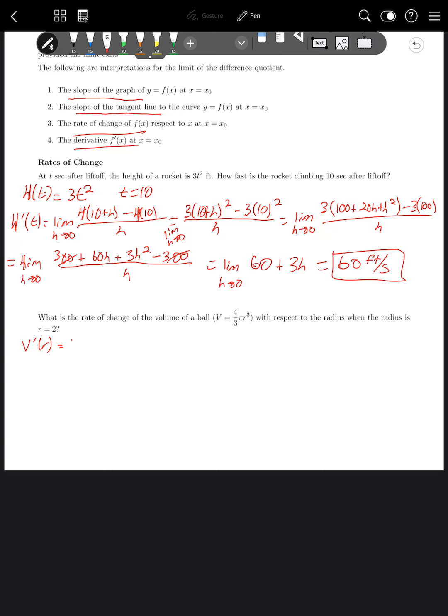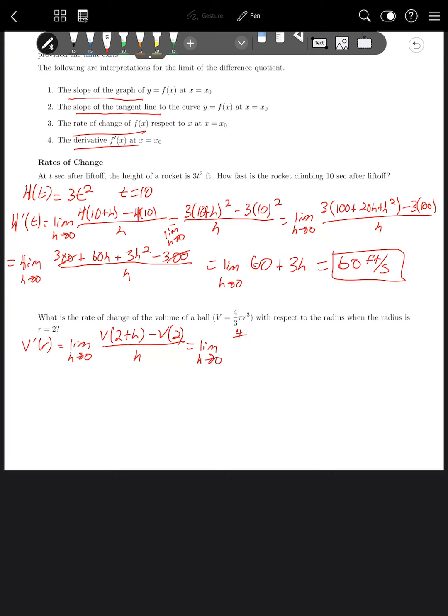So that means I want to find the limit as h approaches 0 of v of 2 plus h. Let me try and keep my notation consistent. 2 plus h minus v of 2 all over h. So then we can plug those into the function.